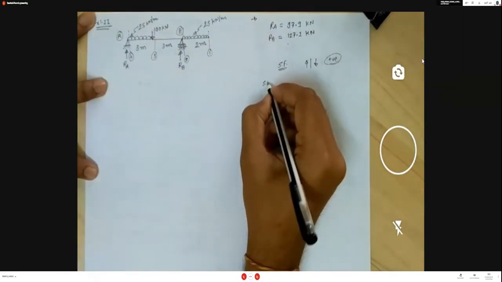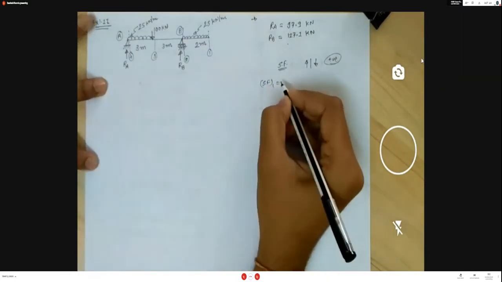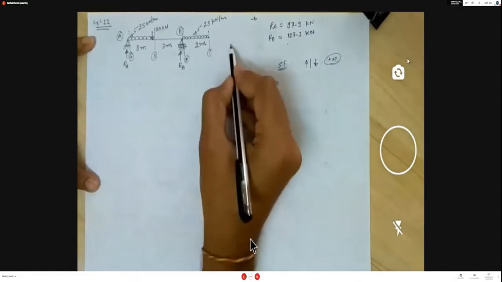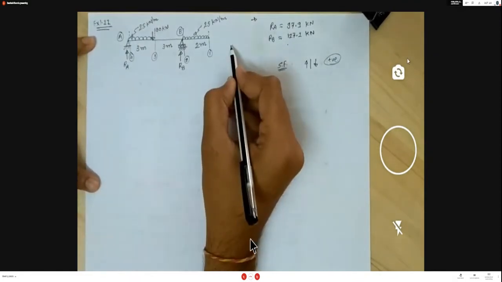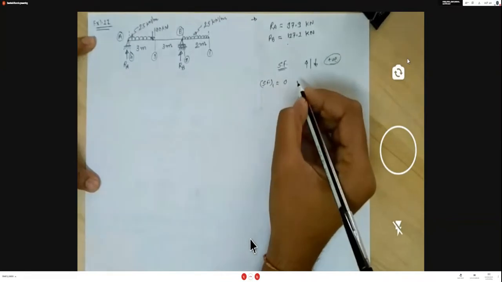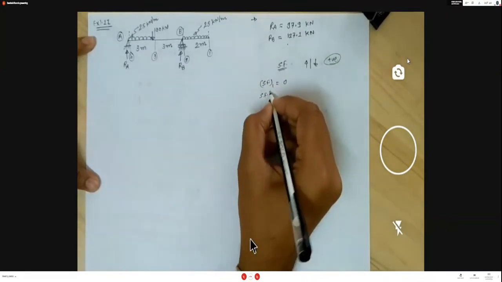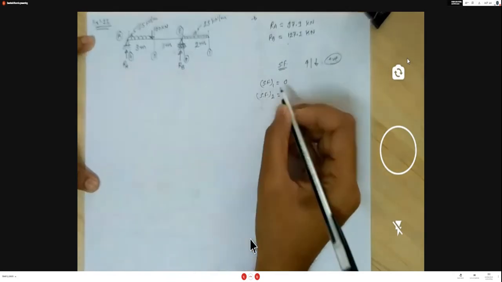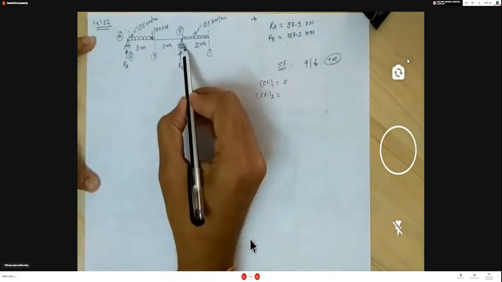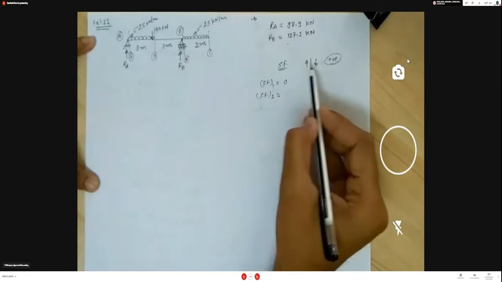Okay. So shear force at section 1. Now consider the right hand side portion. No loading, so total unbalanced force from the right hand side is 0. Then consider the shear force at section 2. So unbalanced force from the right hand side of section 2.